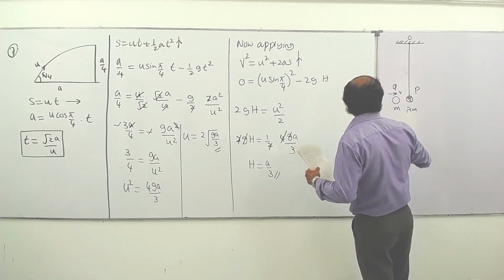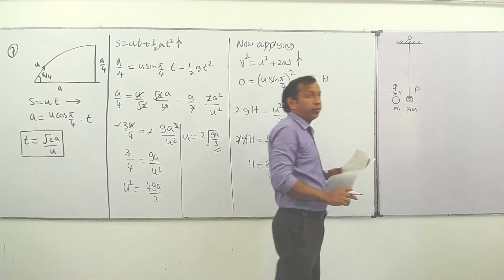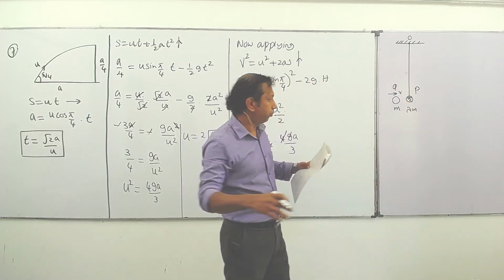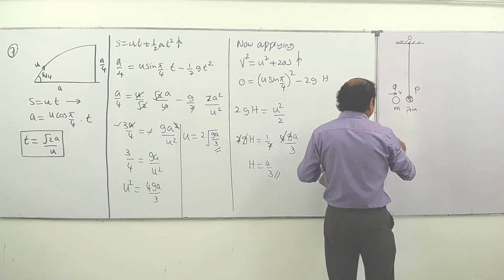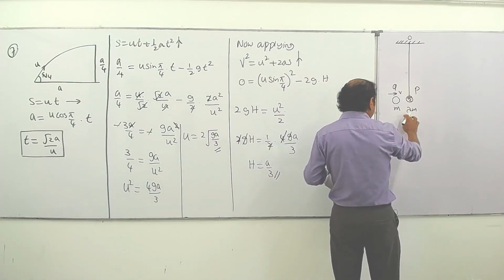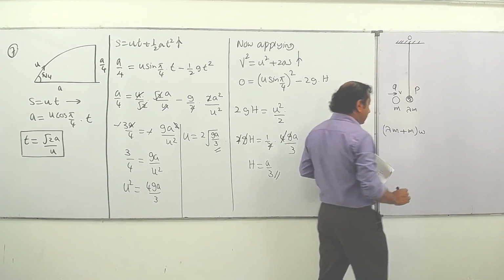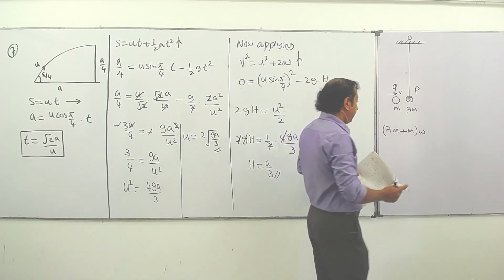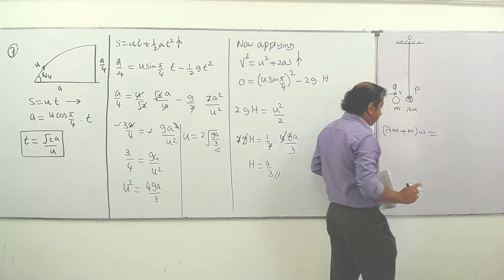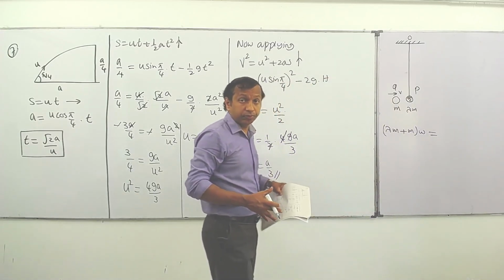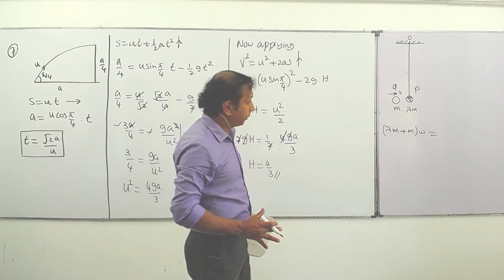Now, we can apply here conservation of linear momentum for the collision. Right? After impact, the total mass is lambda m plus m. Suppose after impact the velocity is w. This is the momentum after impact of the combined object.